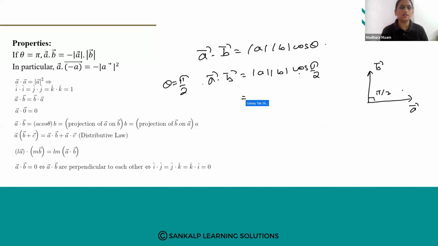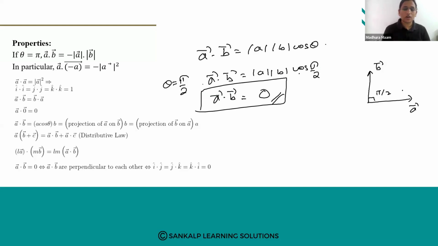What is cos 90? 0. And 0 into anything is 0 only. So this gives a very important result. If the dot product is 0, then the angle between them is 90 degrees, that is, the vectors are perpendicular.